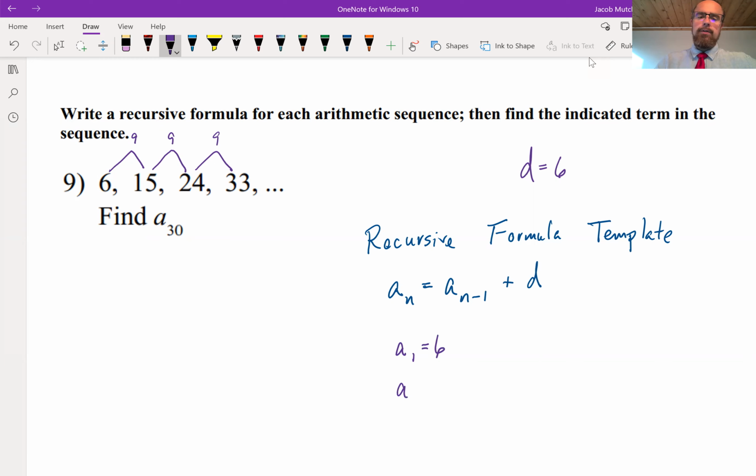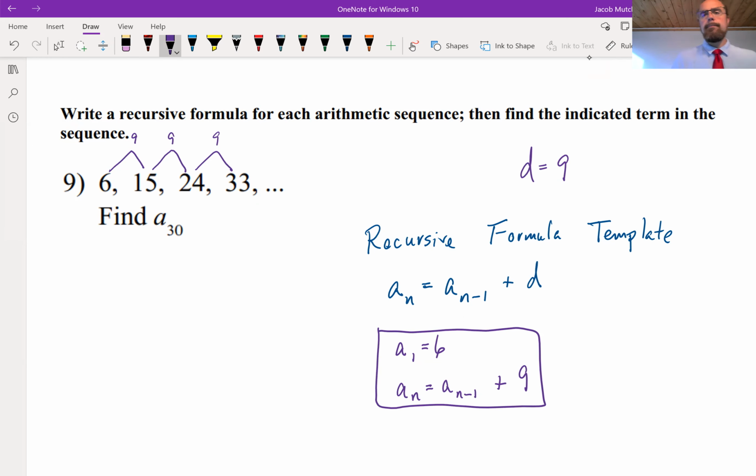And then my formula is going to be a sub n equals the previous term, a sub n minus 1, plus the common difference of 9. I see that I wrote it incorrectly above. D should be 9. So I'll go ahead and box that. That's my recursive formula. So again, different from an explicit formula, it really depends on the previous term to calculate the next one.